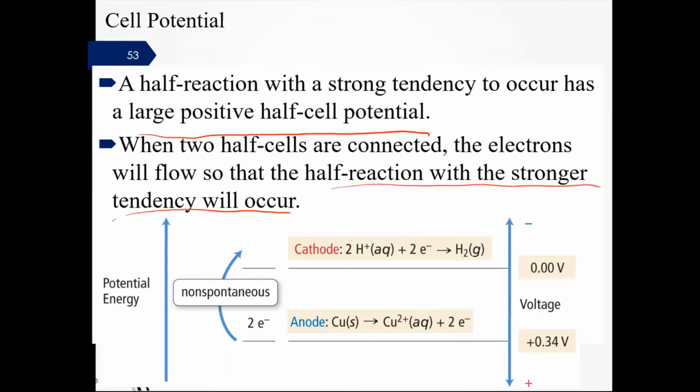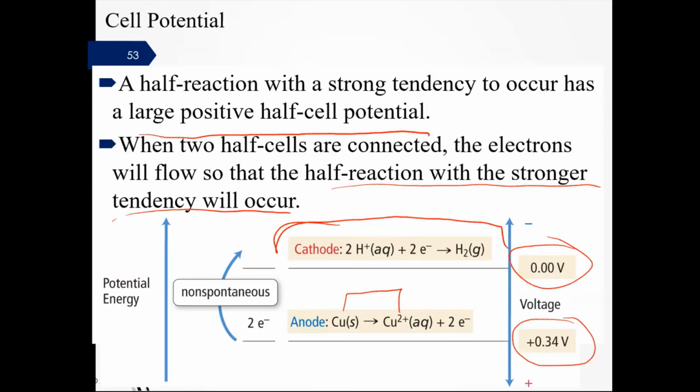What that means is that when we're looking at these cells, if we have copper going to copper 2+, that gives us a positive 0.34 volts. Our hydrogen going to H2 gives us 0. So if we try to set this up for our copper to go into copper 2+ and the hydrogen to make hydrogen gas, that's not going to happen.